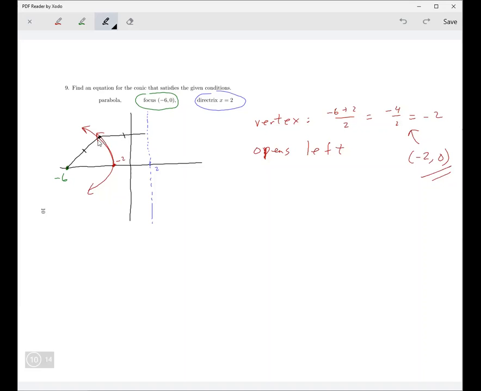So this distance here is equal to that distance. If you go the other way, there's no way you can get that to happen. Even if you come out further along the parabola, that value has got to equal that. So it's probably more like that.